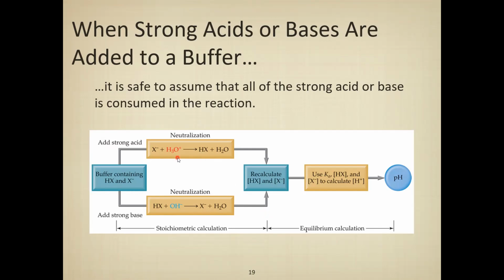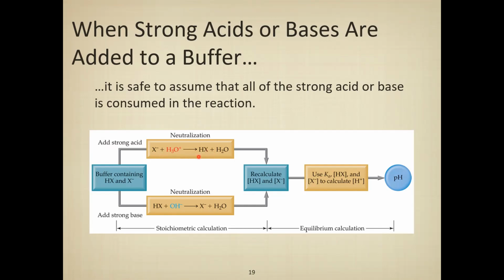And when we do that, what we're going to see is we've got to change the concentration of the conjugate acid and base. So for the addition of a strong acid, we're converting that conjugate base into the weak acid. So if we added 0.2 molar strong acid, we're going to use up 0.2 molar X minus. We're going to use up 0.2 molar of the weak base, or the conjugate base rather.